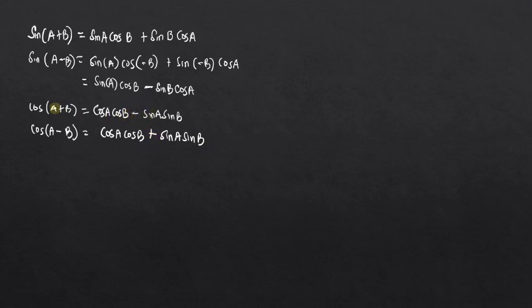This is where the sign changes. When the angles are adding, the sign between them is negative, and when they are subtracting, it is positive. So you should take note of that.